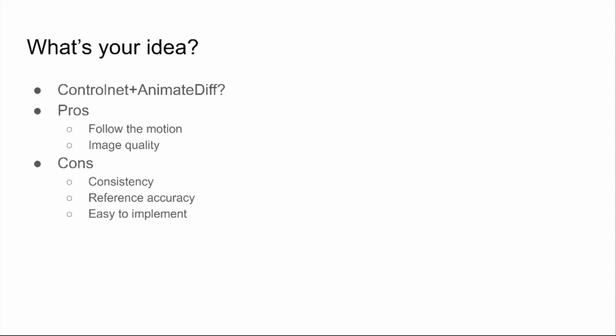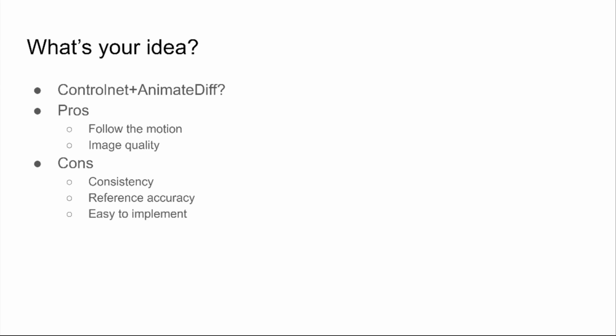But the cons, the bad part, is first there's nearly no consistency. You see the smooth change, but from the semantic view there's no consistency. Another thing is reference accuracy: here there's no reference, so you don't respect a certain reference.